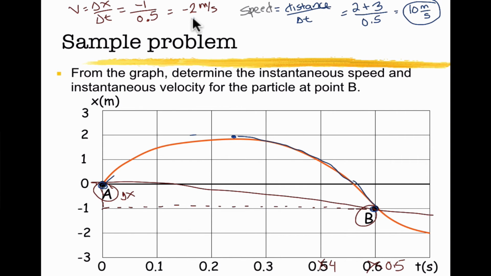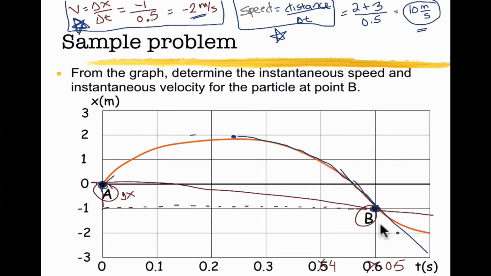So this is a case where speed is not the absolute value of velocity. So for average, I would always go to distance divided by change in time. Velocity is displacement divided by change in time. These are our equations that have no exceptions, they're always true, no matter what. When we're talking instantaneous and we had to draw our tangent line, since A and B were so close, you could pretend it was just a straight line between them.